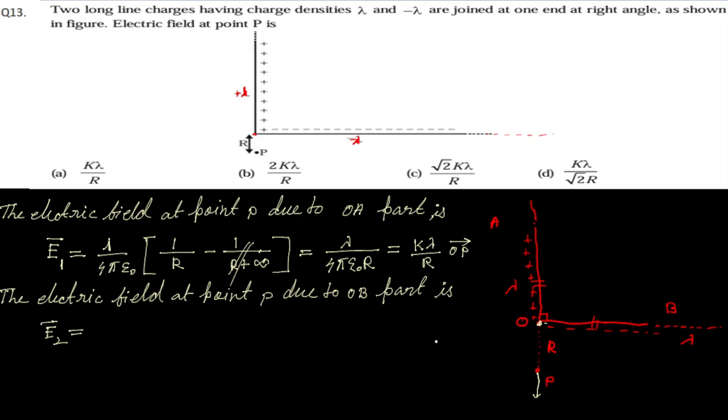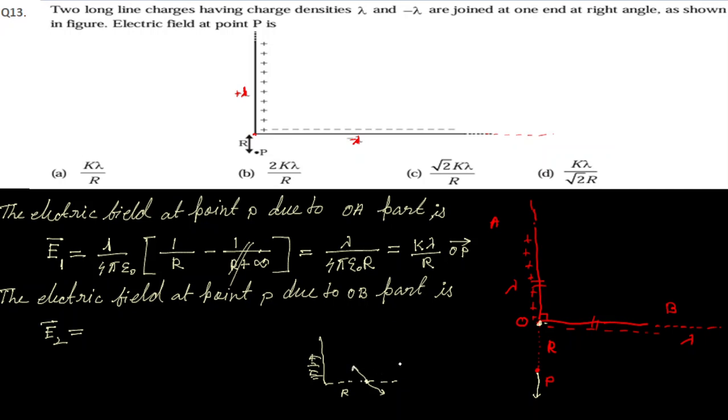E2 will be, in this case, see, it's a negative charge. Charge per unit length is lambda. What we have noticed is that if we have an infinitely long line and we calculate the electric field at this point, with charge per unit length lambda, the electric field is along this direction. But if it is negative charge, then the electric field will be along this direction.